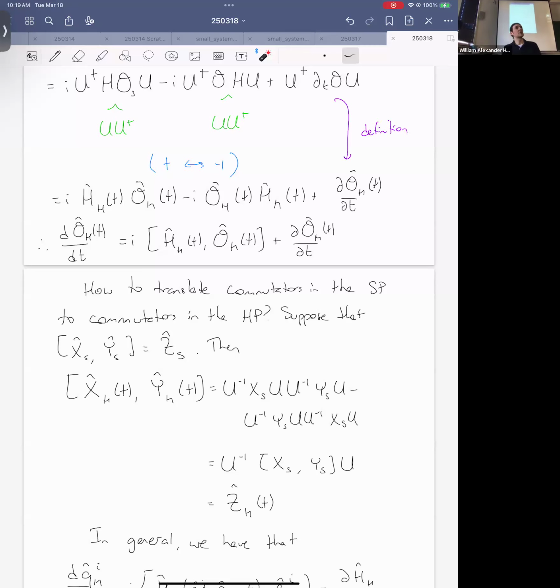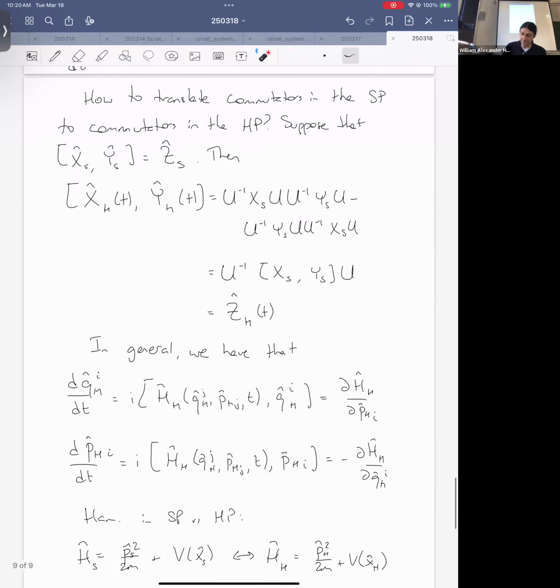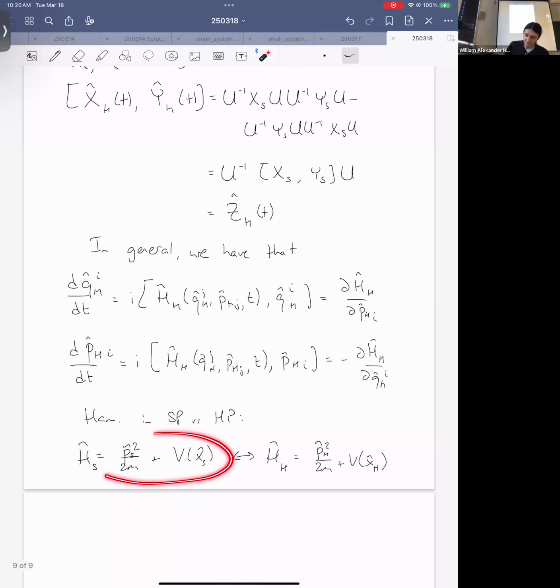So if I have a Hamiltonian, which is like what I have here, with no explicit time dependence, then the Hamiltonian is going to be associated with a conserved quantity. The energy is going to be conserved. The time derivative of the energy is 0. The total time derivative of the Hamiltonian is 0.